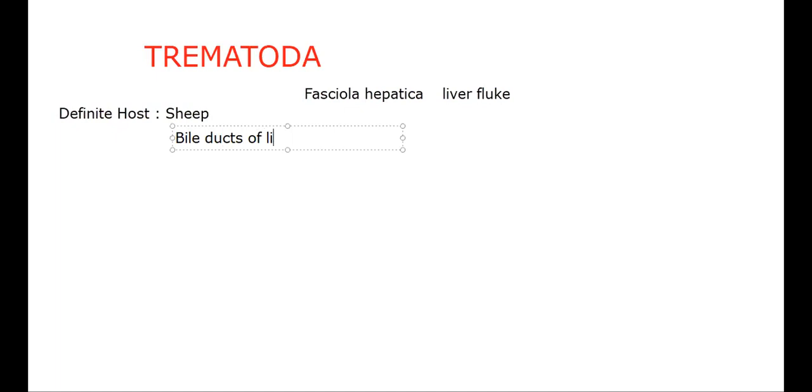In the liver, wherever the bile ducts are present, there it lives. Then the intermediate host: the secondary host is the snail. This is a brief history of Fasciola hepatica.